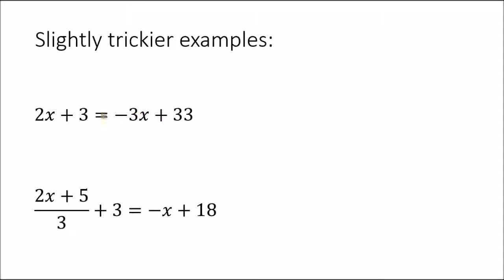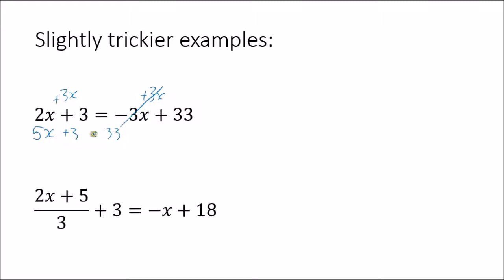So to get all my x's on the left hand side of the equation, I'm going to add 3x to both sides. Now these will cancel. 2x plus 3x is 5x, plus 3 equals 33.